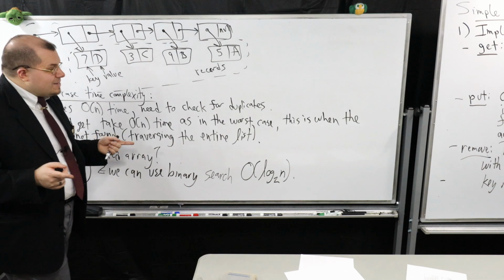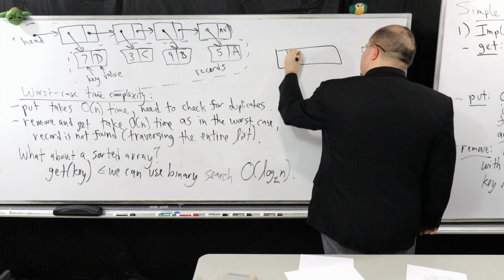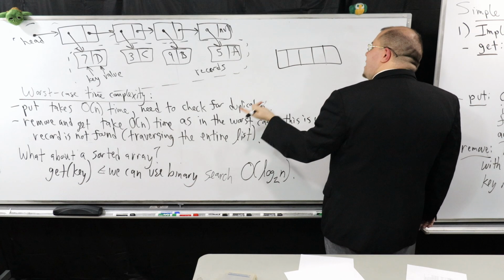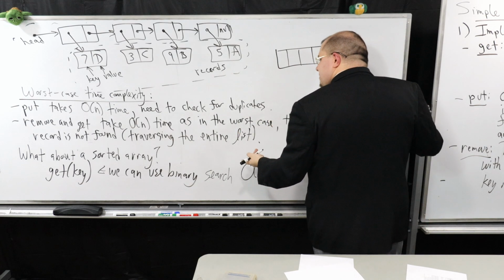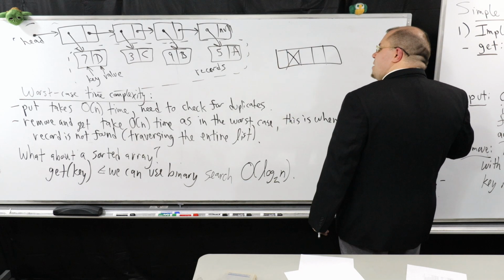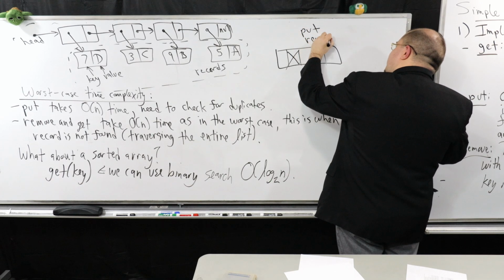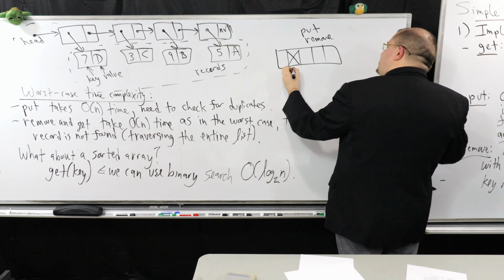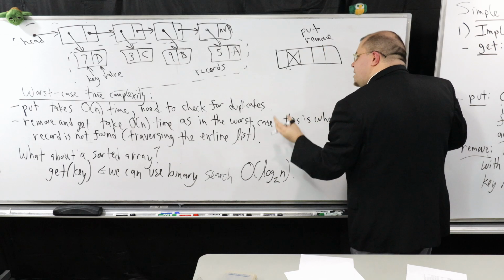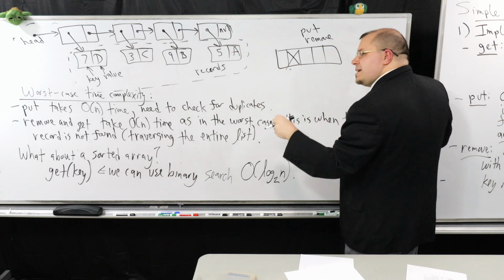Then the other thing, because remember, when I have an array, I can still use binary search to find it. So I can find a record here. But when I do put or remove, I still ultimately have to do something. I have to create a new record. But if I don't find it in here, I have to put it somewhere, right?